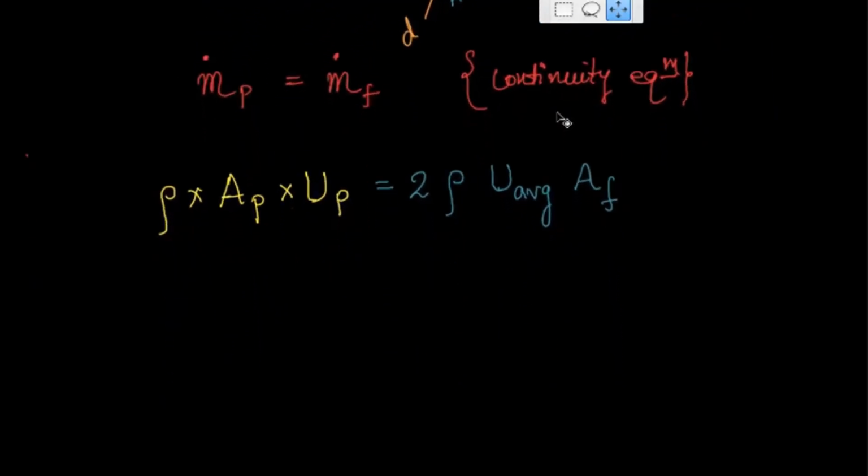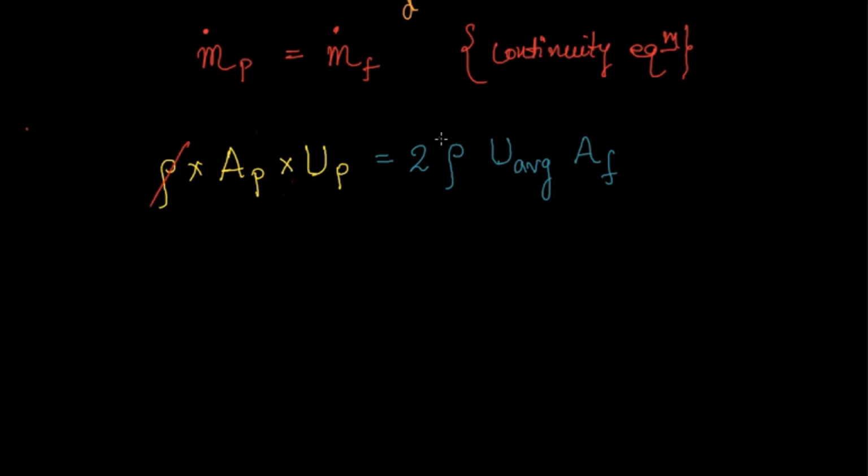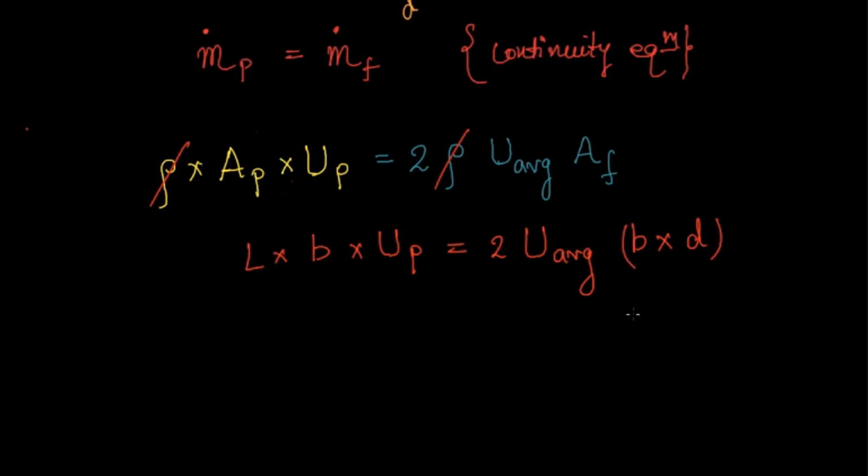Now coming back to the calculation, the density of fluid is the same, so we can cancel it out because it's the same fluid. The area of the plate is length multiplied by breadth. Let's say b is the breadth of the plate, so rho times L times b times UP should be equal to 2 times rho times U average times the area ABCD, which is b times the separation between the plate and the wall, d.